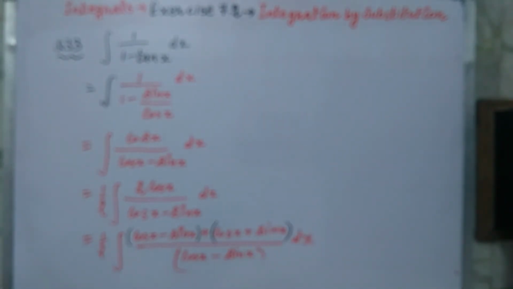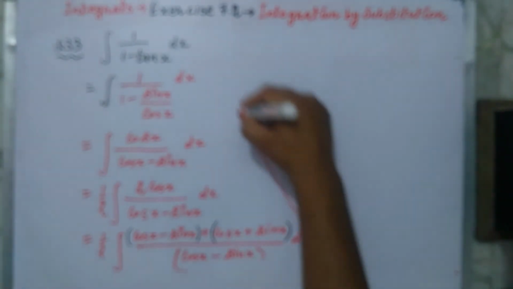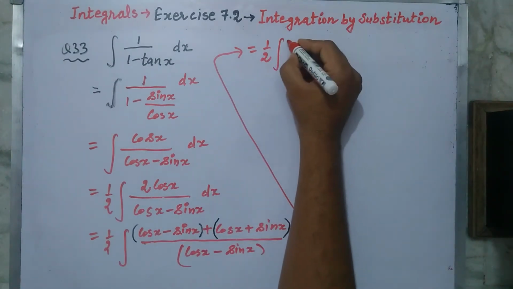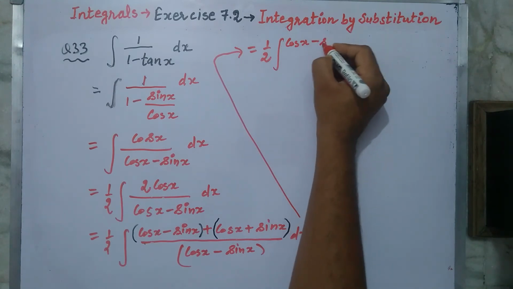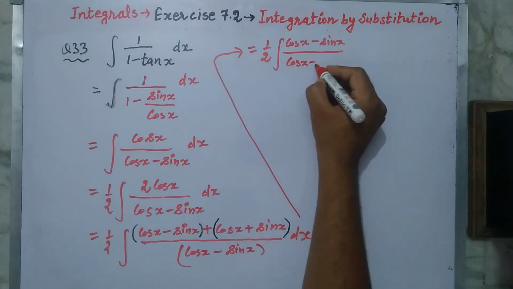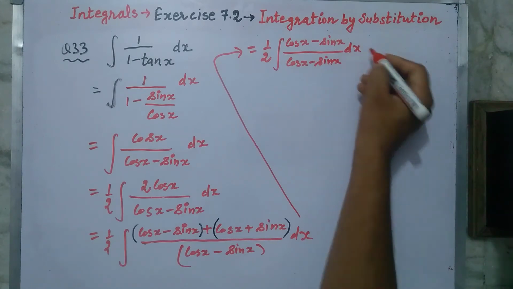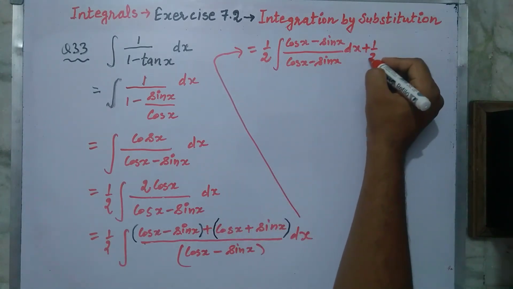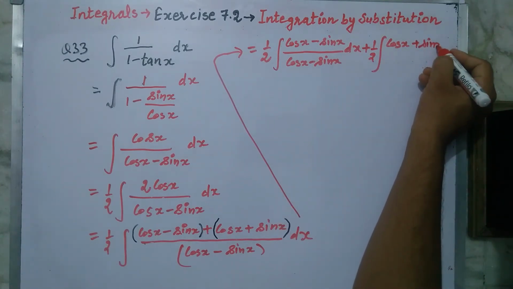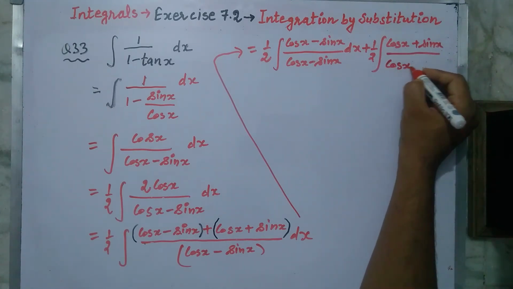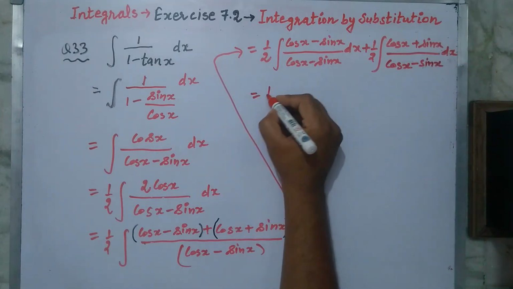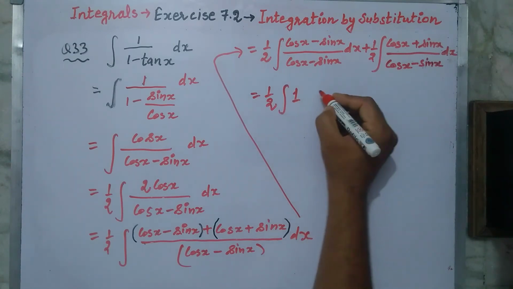So this is equal to 1 upon 2 into integration of (cos x minus sin x) upon (cos x minus sin x) dx, plus 1 by 2 integral of (cos x plus sin x) divided by (cos x minus sin x) dx. So this is 1 by 2 into 1 plus 1 by 2.